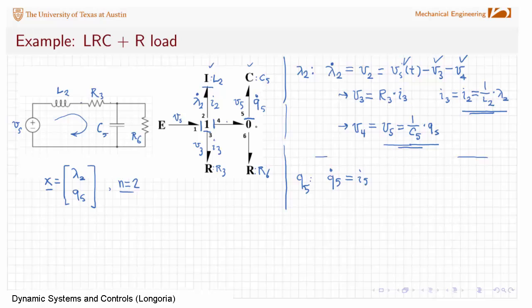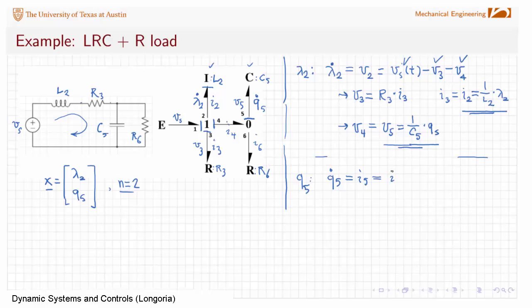And where does that come from? Remember, the flows at a zero junction have to sum. So I5 is coming from I4 minus I6, right?